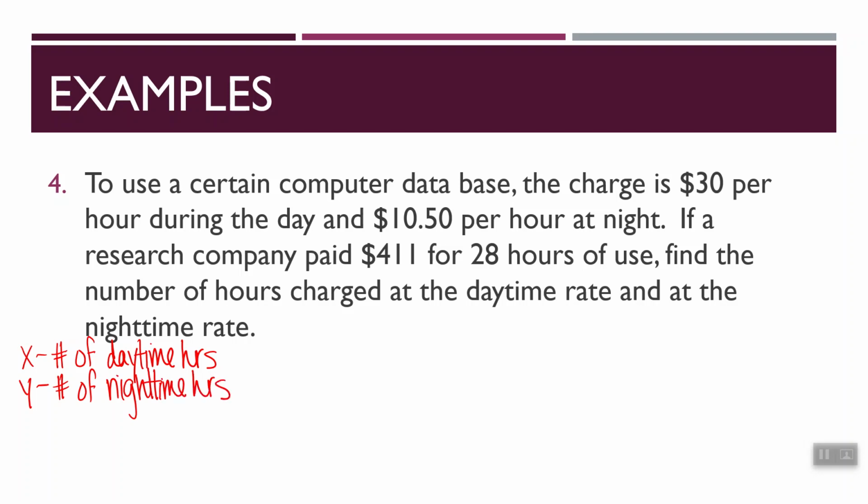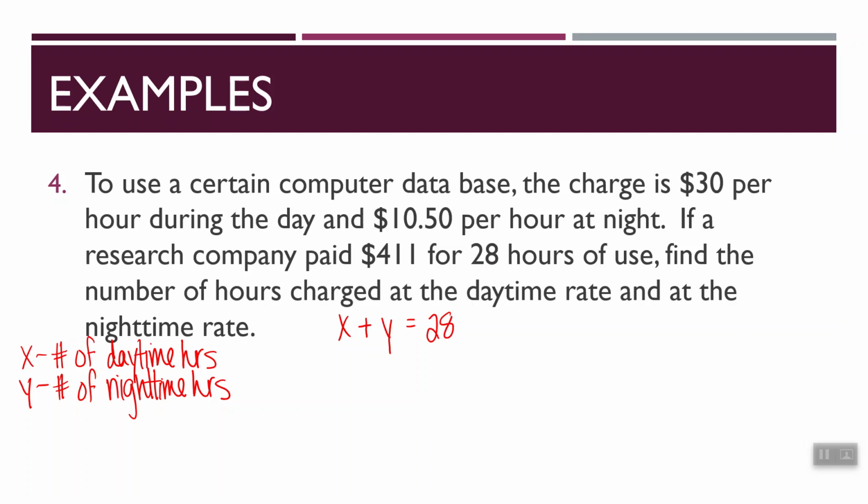And so again, because this is a total type of equation, and I know that because I don't have two situations that both deal with money. So x plus y, the number of daytime hours plus the number of nighttime hours, is going to equal 28 because it says 28 hours of use.